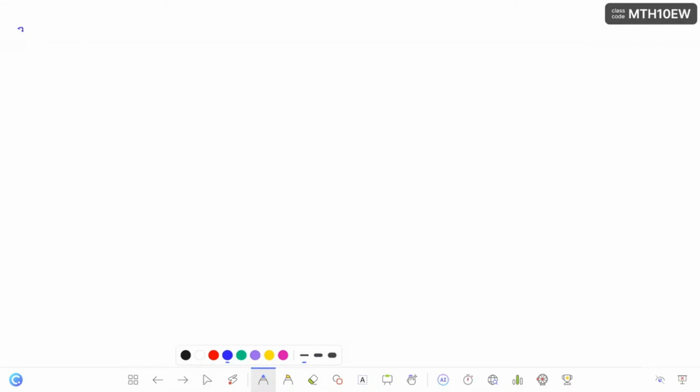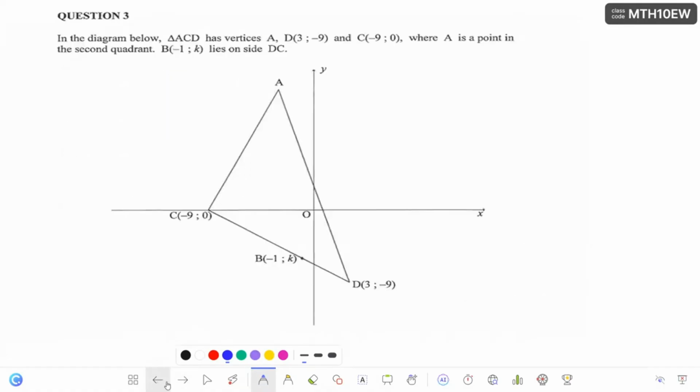So 3.1, to calculate the gradient of DC, we are going to say gradient of DC is equal to y2 minus y1 divided by x2 minus x1. So we need to put our coordinates here so that it is easy for us to interpret this.